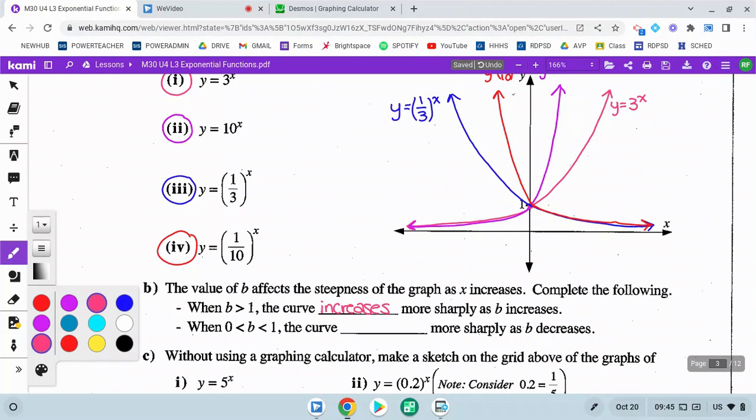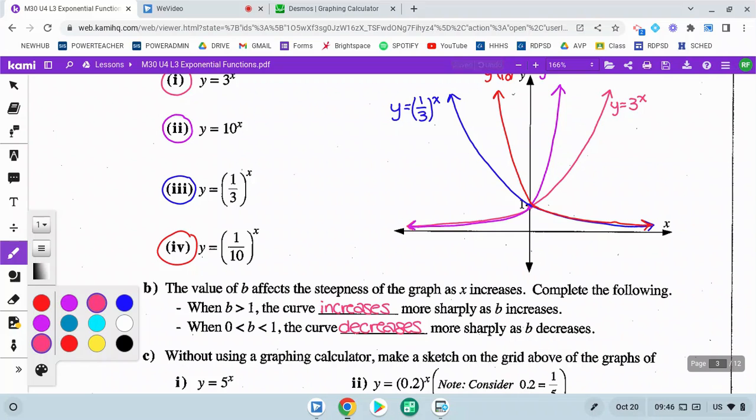Then when we're dealing with our b value that's less than 1, so when it's a fraction, as soon as the b value decreases, meaning the denominator actually gets bigger and bigger, then the graph is also going to decrease at a faster rate. So once again, it's going to be a steeper graph. Okay, so it's just telling us that we can compare these functions.